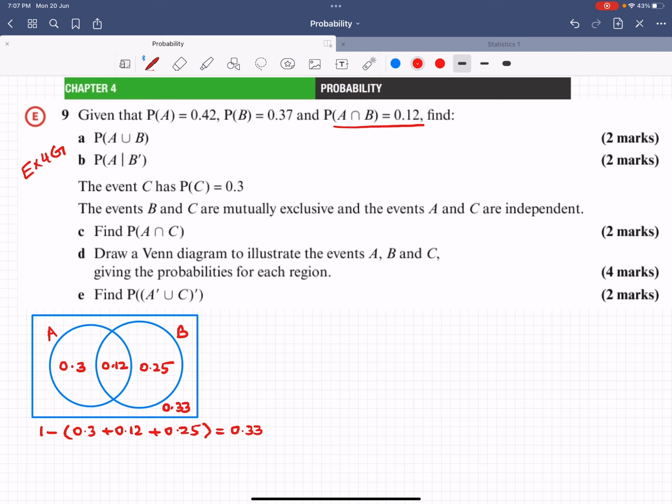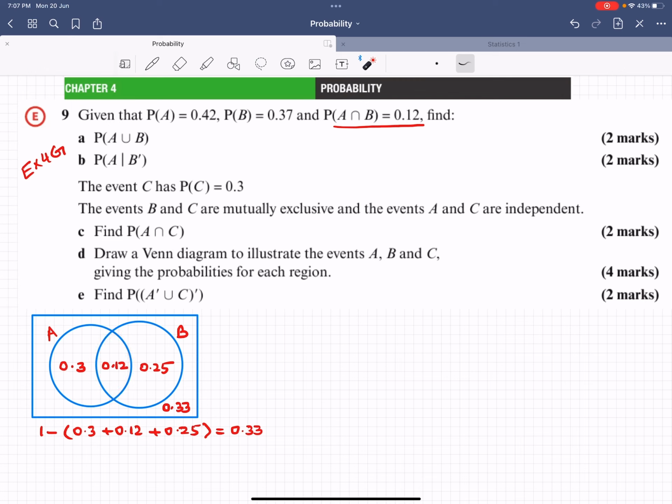Now we can answer the questions A and B. Question A is find probability of A union B. So A union B is all of A and all of B, but without any repetition. So we can see that the part here is being repeated, 0.12, as it is a part of A and B as well.